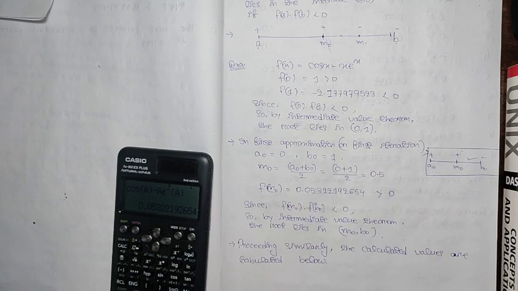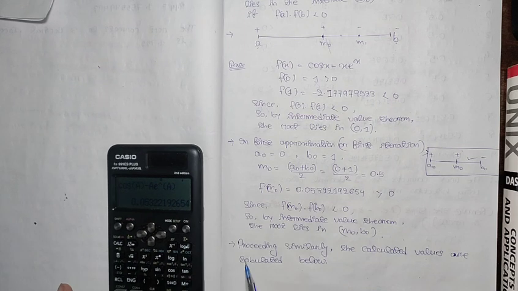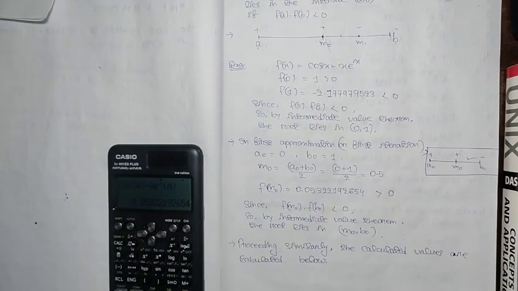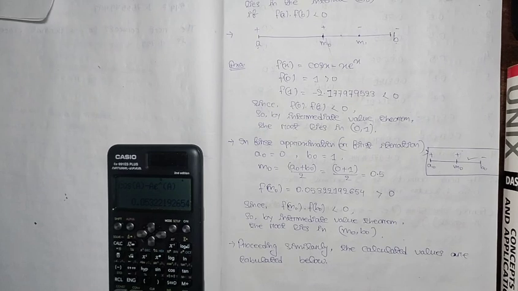Now proceeding similarly, the calculated values are tabulated below. We create a table in which we mention these things in tabular format, which is the easiest way to solve the equation to find the root using the bisection method.